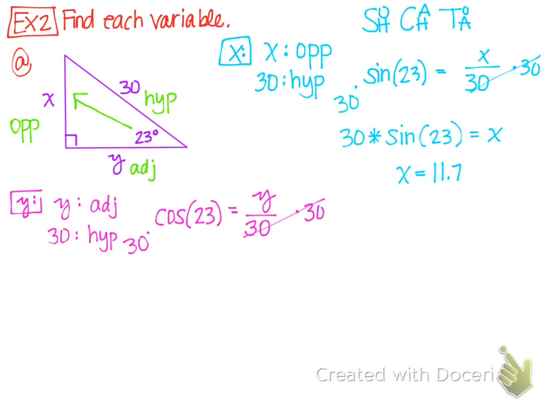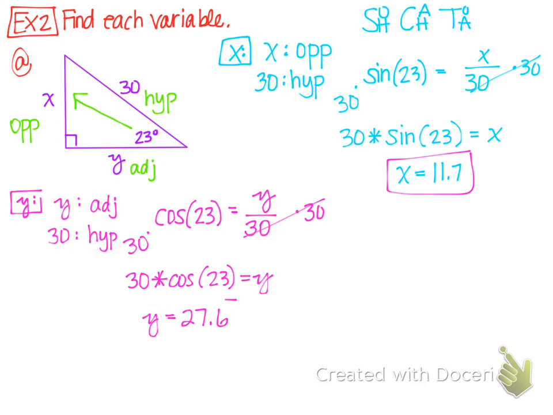My 30s are going to cancel. In the calculator, you type 30 times cosine of 23, and that gives my y value. If you put that in your calculator, you get y is 27.6. So we found both our missing x and our missing y. Really this was two problems in one.